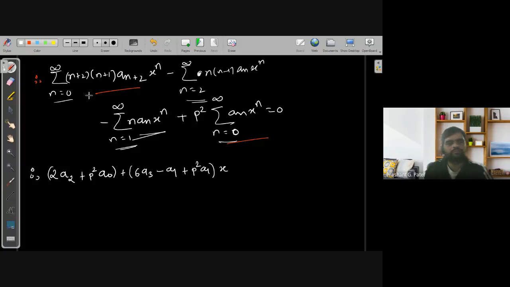Next, it will start with summation n running from 2 to infinity. This is also 2 to infinity. Now all the summations will change to 2 to infinity. So that's why plus summation n running from 2 to infinity.